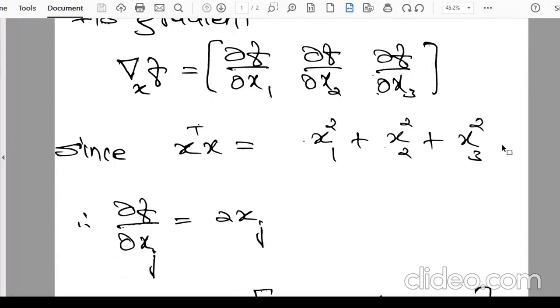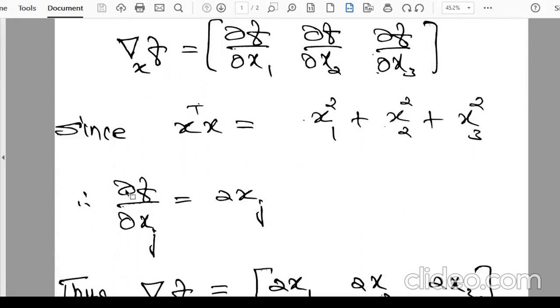If I am calculating the partial derivative with respect to x1, the terms containing x2 and x3 are not going to contribute because their partial derivatives with respect to x1 are equal to 0. That means the partial derivative of x transpose x with respect to x1 is 2x1. Similarly, with respect to x2 it is 2x2, and with respect to x3 it is 2x3.